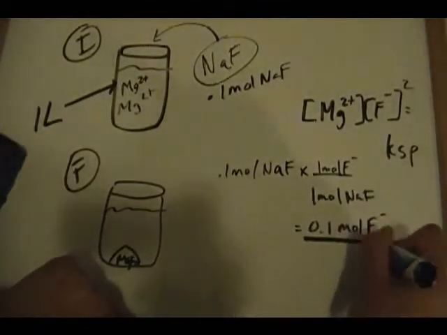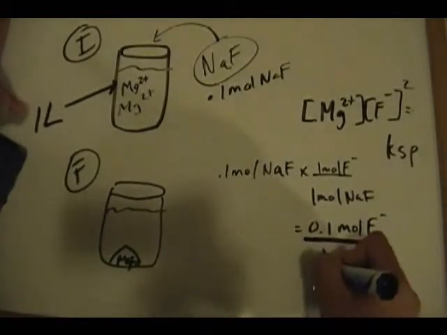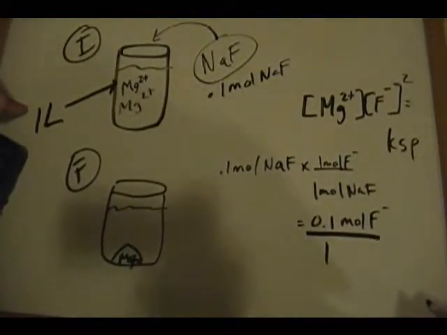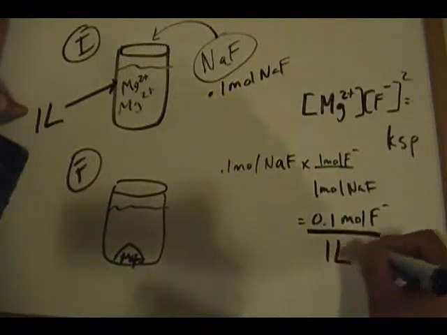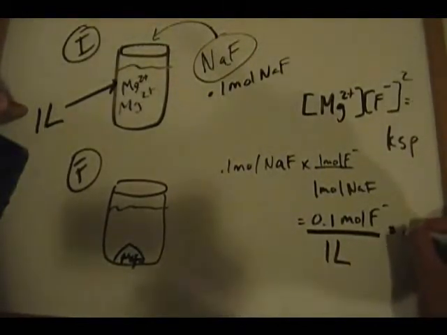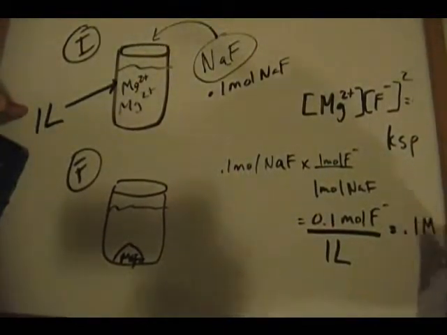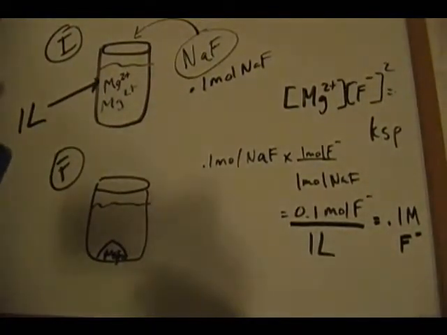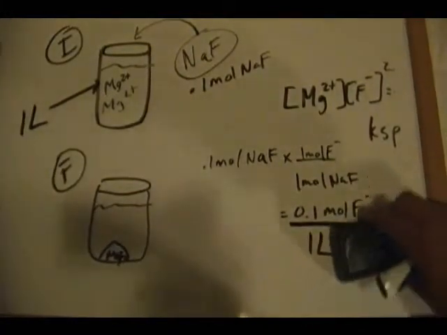We divide this by 1 liter, because molarity is in units of moles per liter, and that gives you 0.1 molar fluorine ions. So we figured out the concentration of fluorine. Let's erase this stuff.